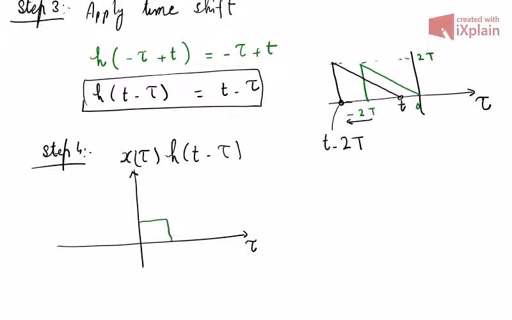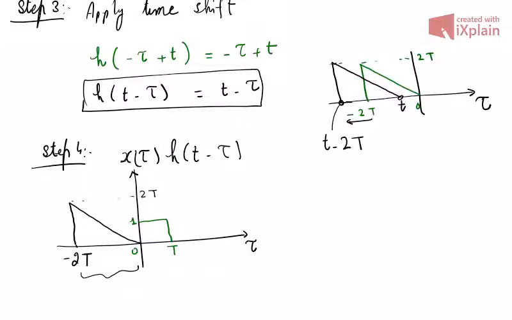I have a signal x of tau from 0 to capital T, which is unity, and another signal h of t minus tau, which is here, from minus 2T up to 0, where the signal is available, and this is 2 times capital T.